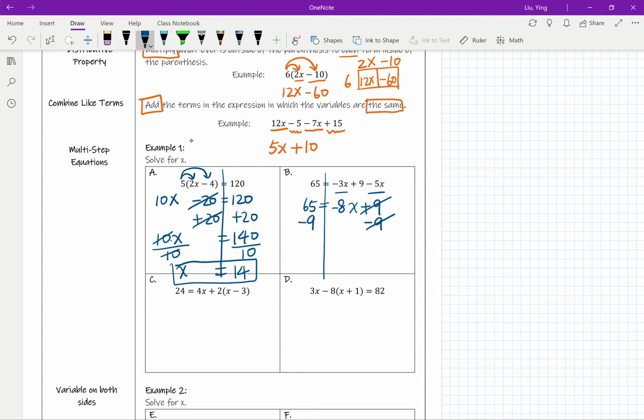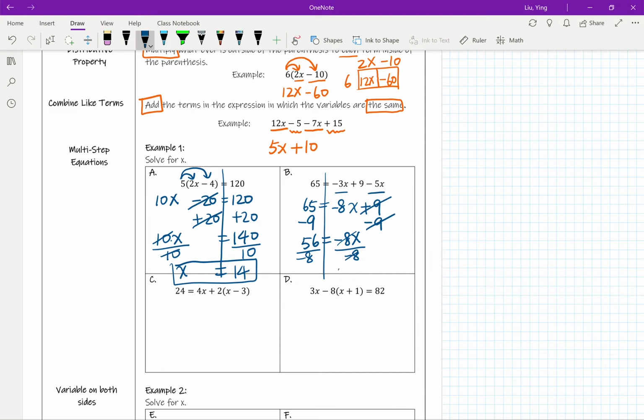So we'll do a minus 9 on both sides to undo this positive 9. So the left-hand side will have 56, and the right-hand side is negative 8x. That's what's left. And then we'll undo the negative 8, and that will be division because it was a multiplication. So we're going to undo the multiplication.